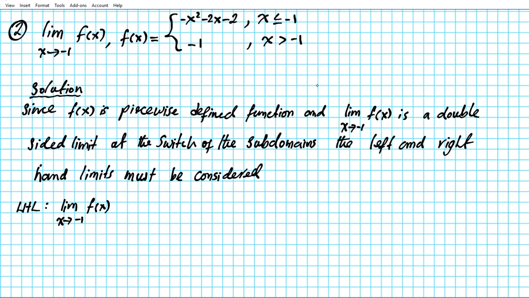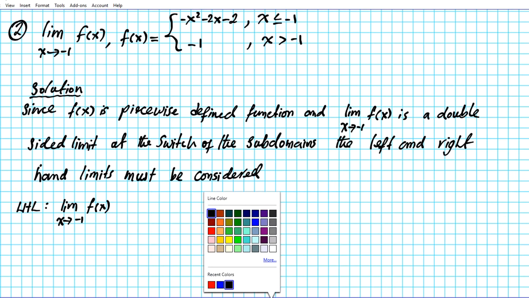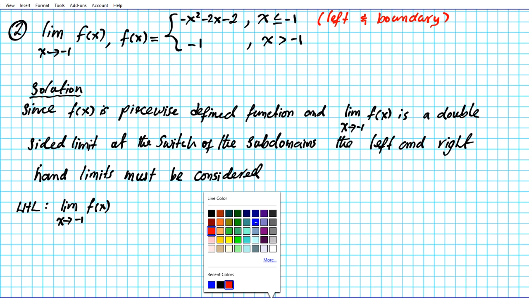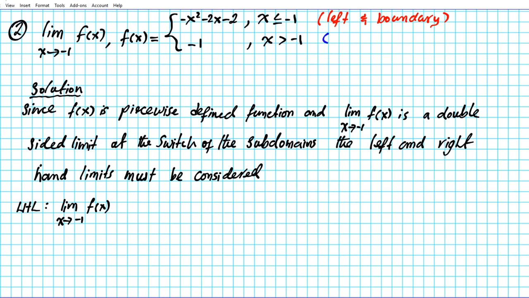X is less than or equal to -1. That is the left side, because less than is to the left, and the boundary point. So if you're on the boundary, x is equal to -1 or to the left, this is the function that's active. To the right of that, x is greater than -1, this is the right hand side.